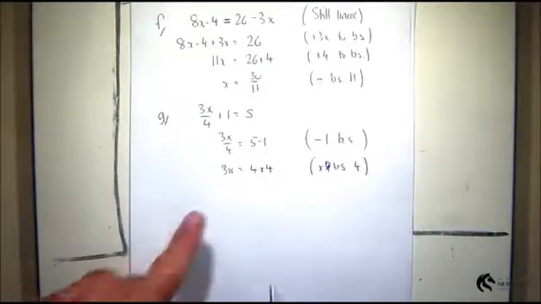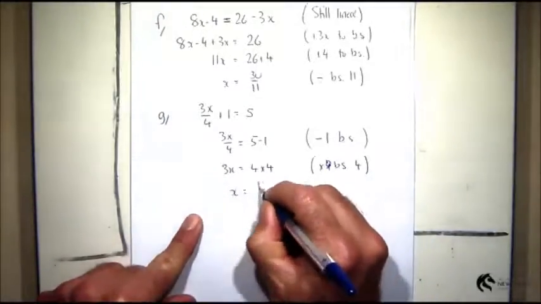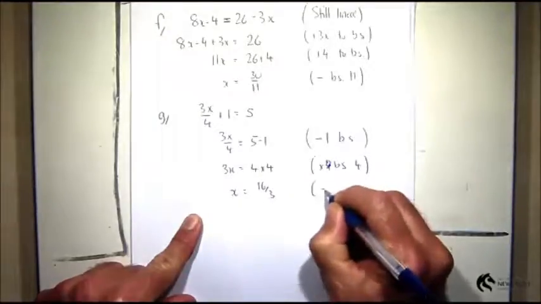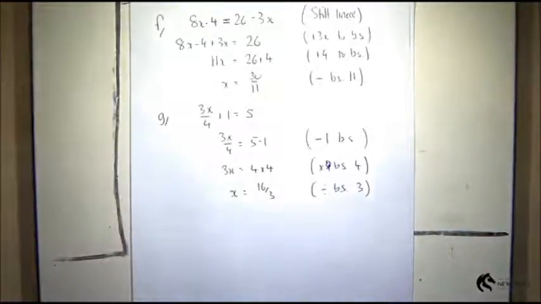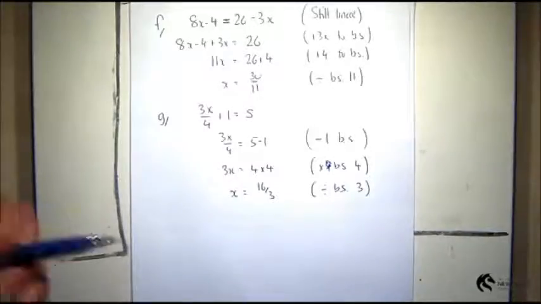And finally, I'm going to divide both sides by 3. And I get an answer of 16 on 3, so that's 5 1/3. Again, not a nice answer, but that's what the algebra gives me.